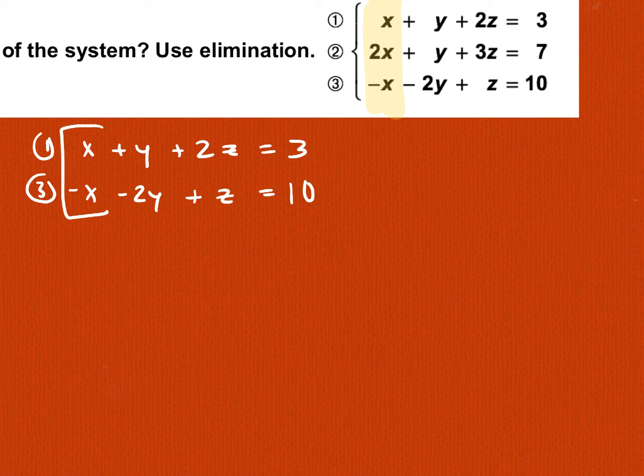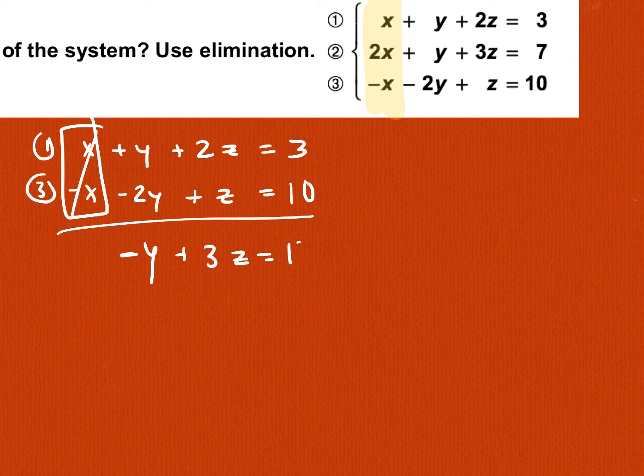Will my x's cancel out right away? Yeah. And then I just combine everything else. So what's y minus 2y? Just negative y, because the 2 is negative. And what's 2z plus z? 3z. And 3 plus 10? 13.